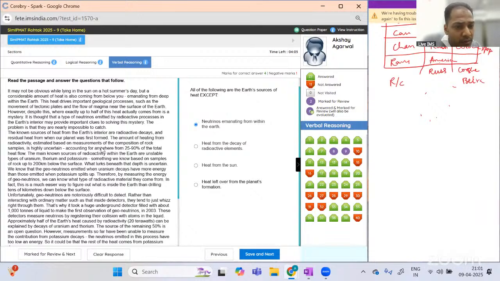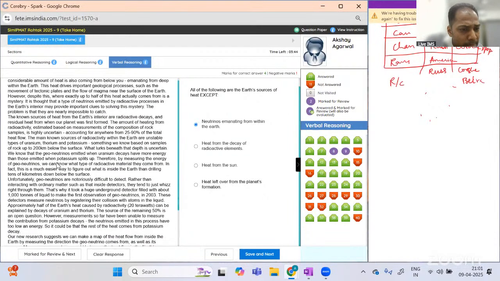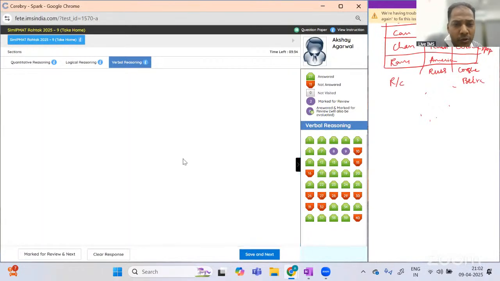Where is neutrinos? It is thought that neutrinos emanated by radioactive processes in the Earth's interior may provide important clues to solving this mystery, but neutrinos are not a source.